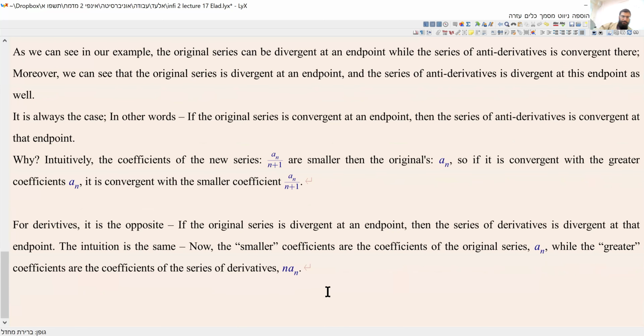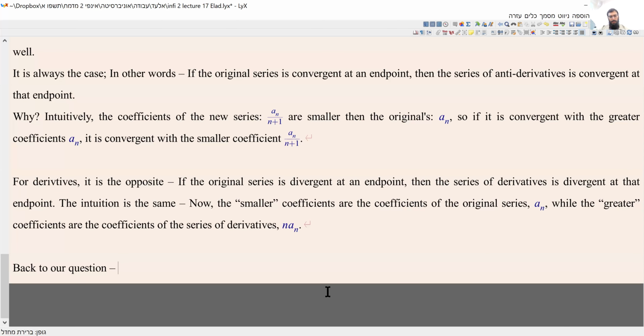Now back to our question. We integrate element by element. And the new series is now convergent at an endpoint.